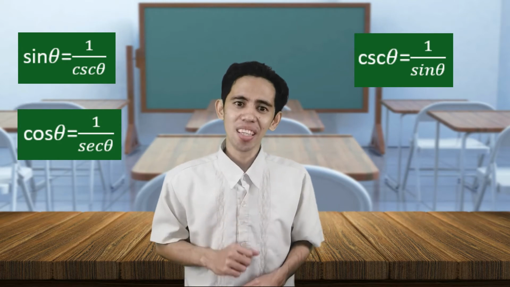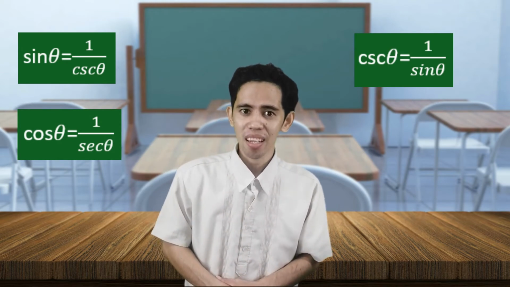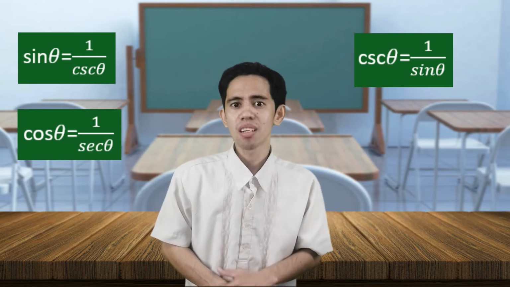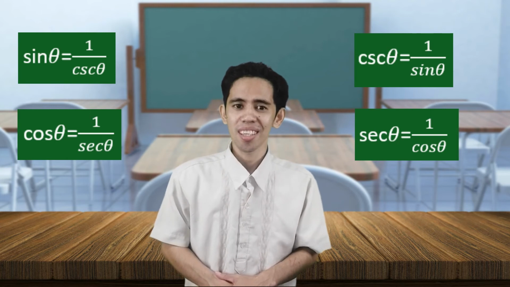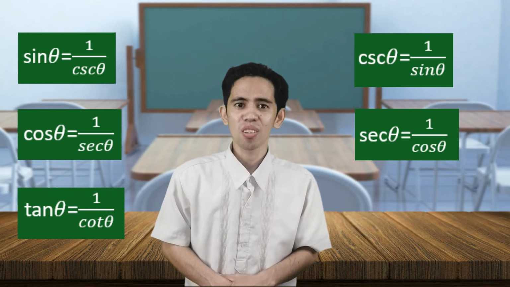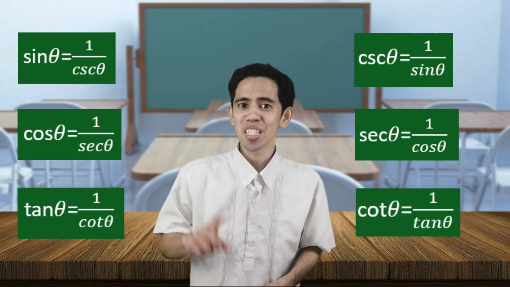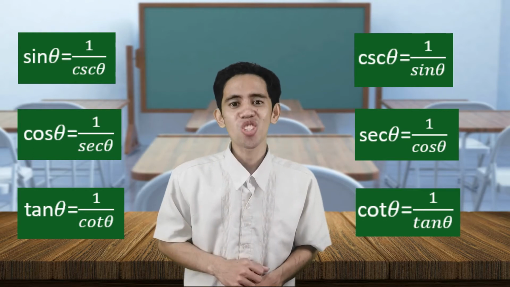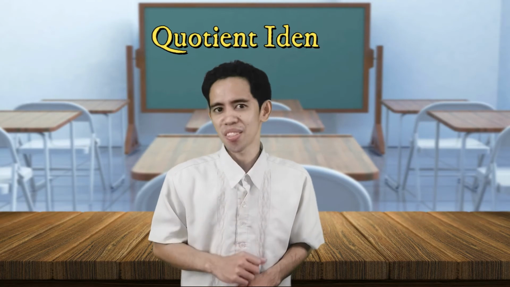Then cos theta is equal to 1 over sec theta, and the reciprocal of this is sec theta is equal to 1 over cos theta. And tangent theta is equal to 1 over cot theta. Then cot theta is equal to 1 over tan theta.